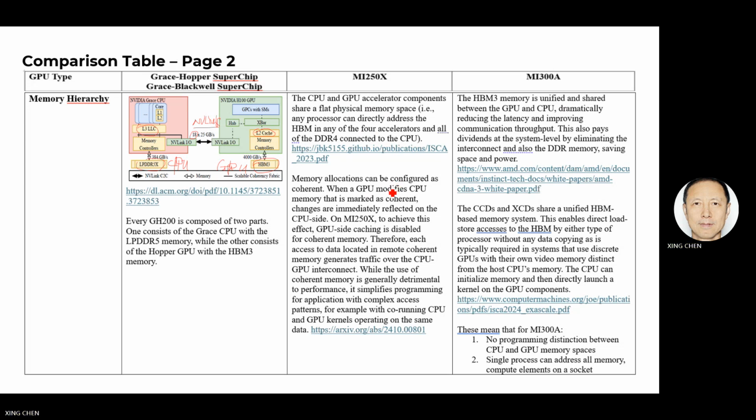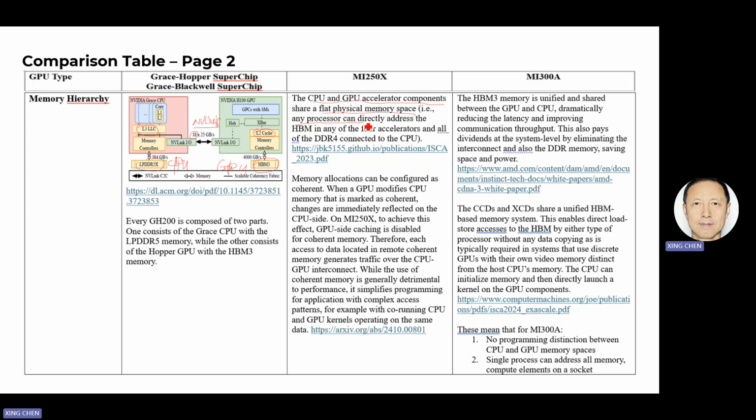Okay. It's a little bit interesting for the MI250X. In the previous page, we mentioned that on the MI250X there is no cache coherency. The CPU and the GPU accelerator components share a flat physical memory space.